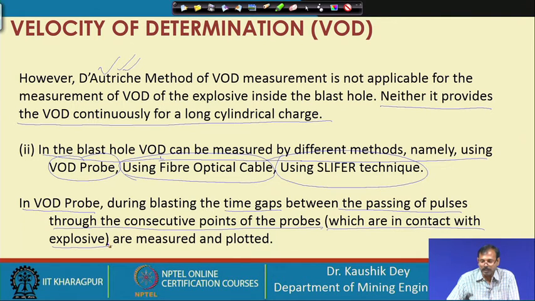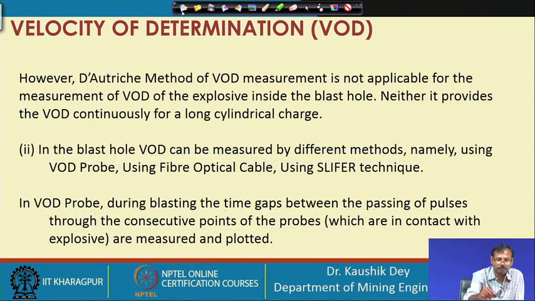the VOD. If we have n number of probes placed at m number of distances, we can have different time gaps between those consecutive probes and different distances between them. From there we can have a continuous VOD measurement along the explosive column.